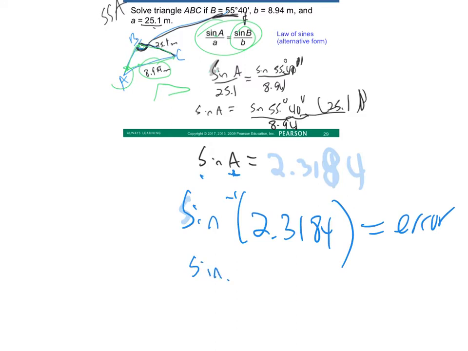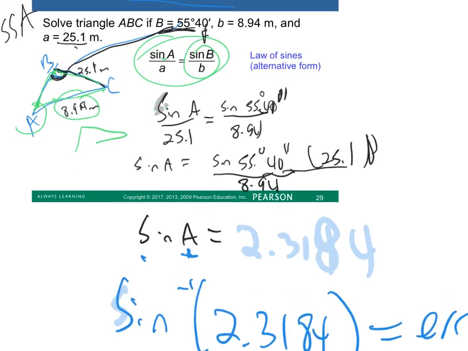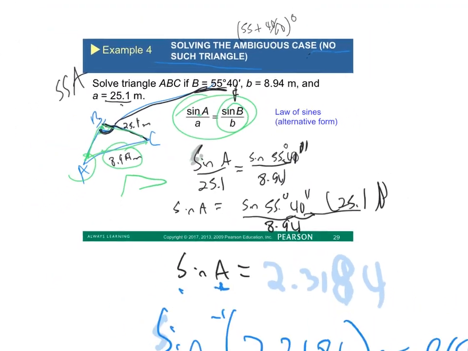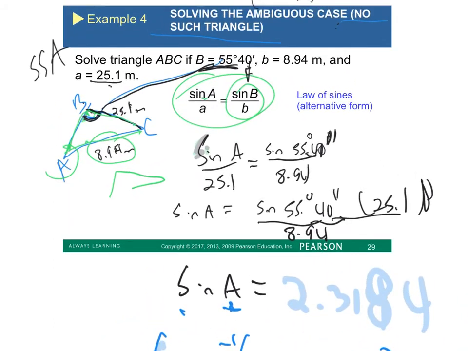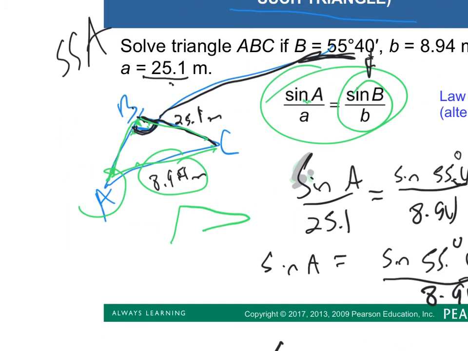Sine of any angle has to be less than or equal to 1, greater than or equal to 0. It can't be higher than 1. So that told me a big fact, that angle A, this angle here, cannot exist with those two measurements.